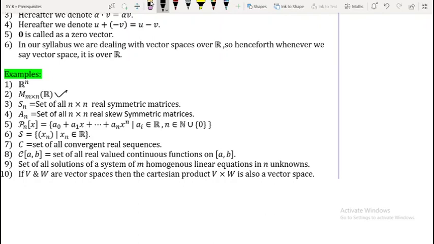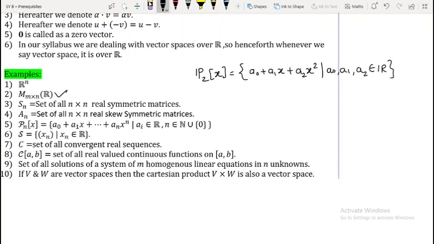So for example, if I take P2 of x, it is the collection of a0 plus a1x plus a2x square, such that a0, a1, a2 belong to R. So this is our P2 of x.